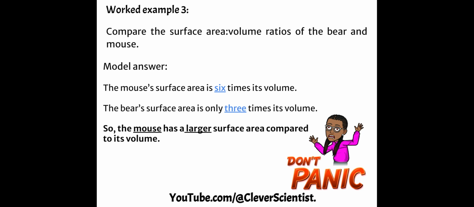These types of questions are very common. So make sure that you follow the command word compare when you are writing your answer. And make sure that you compare the organisms in question. This is how easy it is to pick up marks on these types of questions.